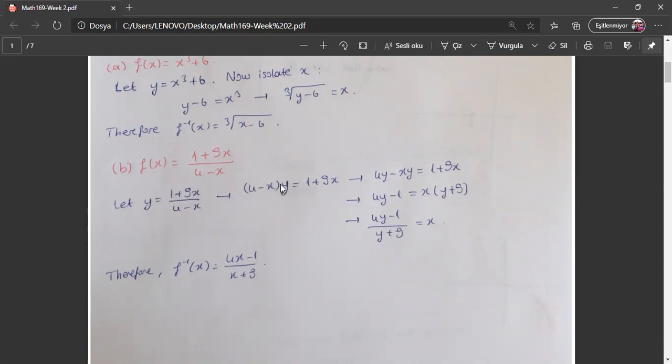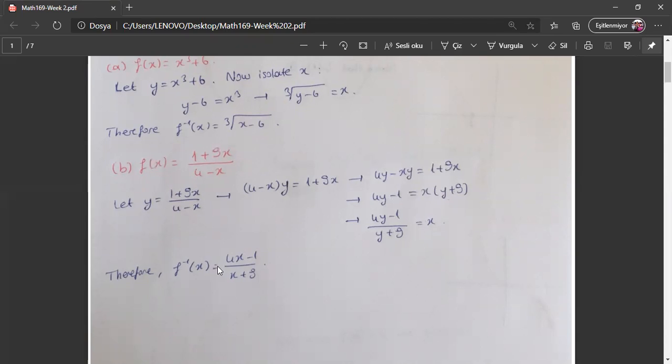Now if we distribute y here and get this equality, now we have 4y minus 1, here 1 is coming from there, 4y minus 1 equals to, if we write this on the right of the equality, we get xy plus 9x, and in the parenthesis of x, we get y plus 9. So as we want to isolate x, we divide the equality by y plus 9 and get this equality.